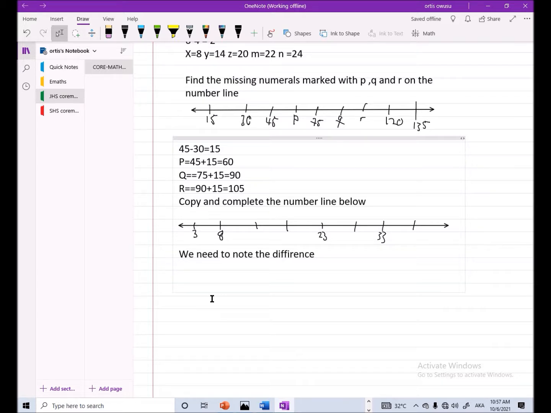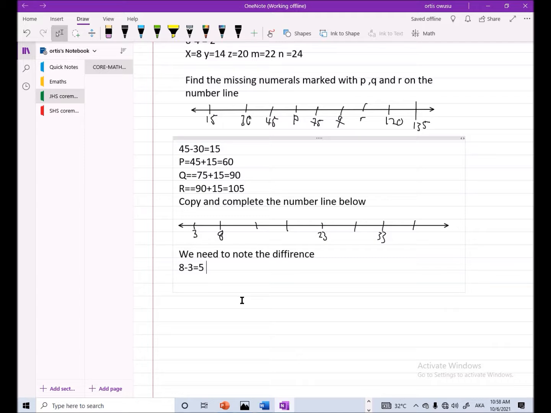Okay, so here we go. So what is the difference? I'm taking 8 minus 3, which is our next, which will give me 5. So now I know the range is 5.